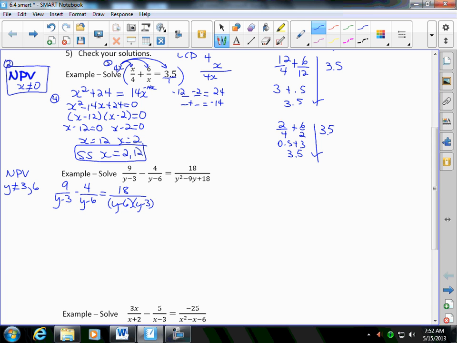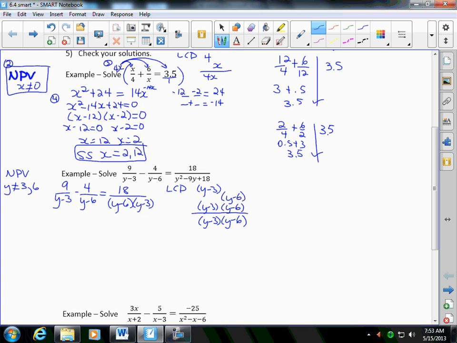So if I look, I had a y minus 3 for my first one, a y minus 6, and then my other one had a y minus 3 and a y minus 6. So that means my lowest common denominator is y minus 3 times y minus 6.